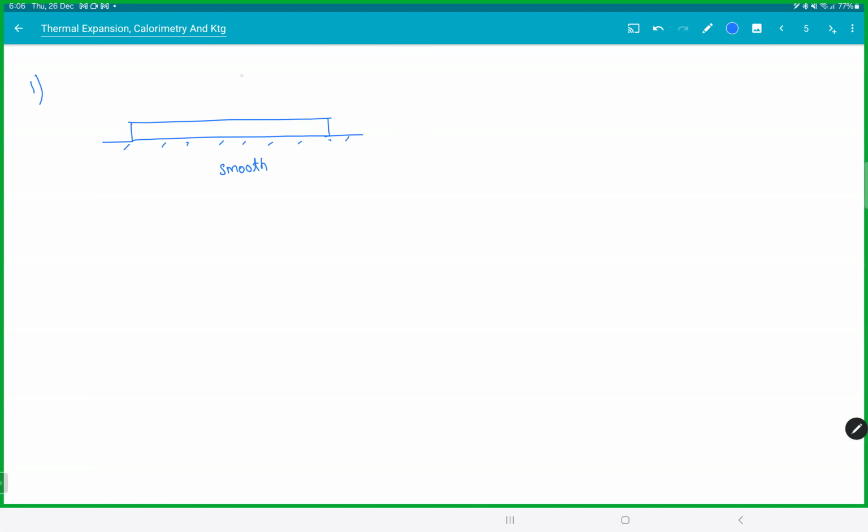Length of the rod is L. Coefficient of linear expansion is alpha. Now see, I didn't say anything about that, so alpha is small. This is your center. This is your point A and this is your point B. This distance is L by 4. This is L by 2.